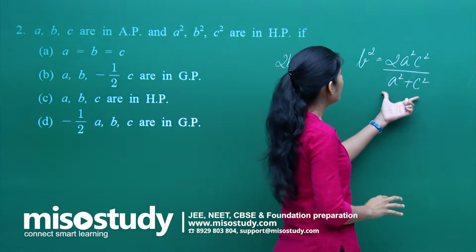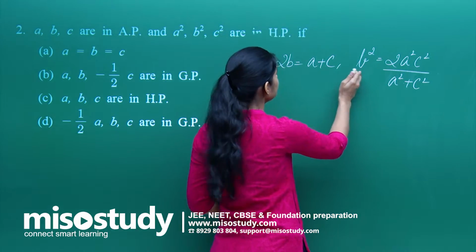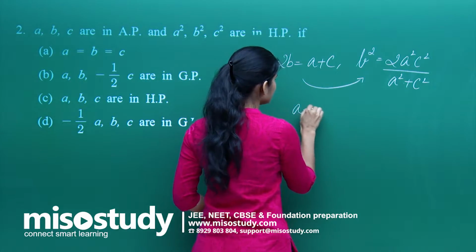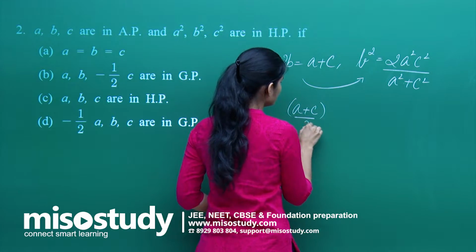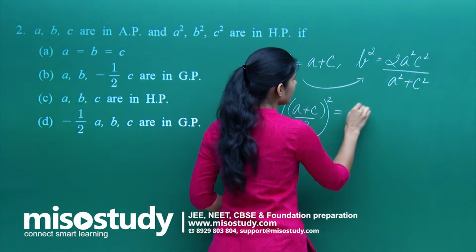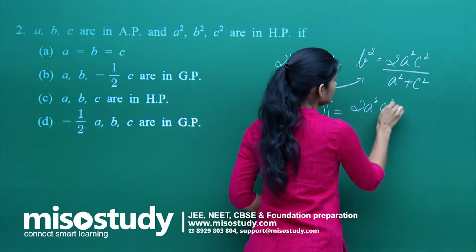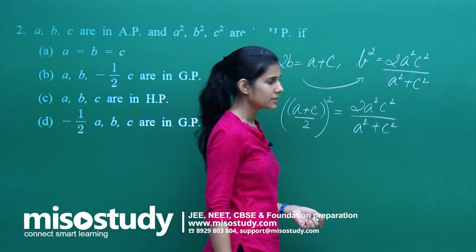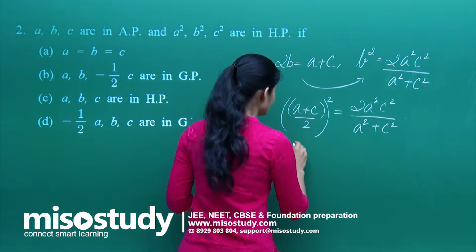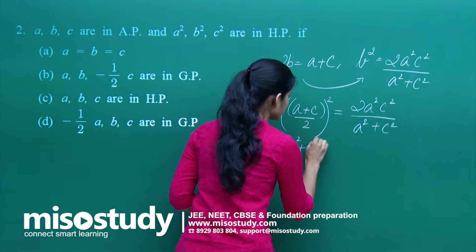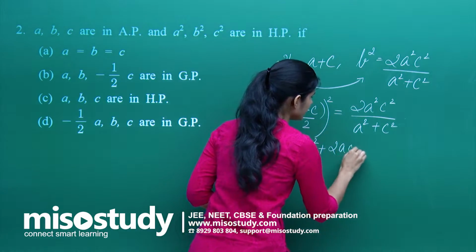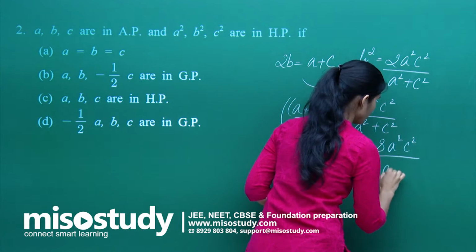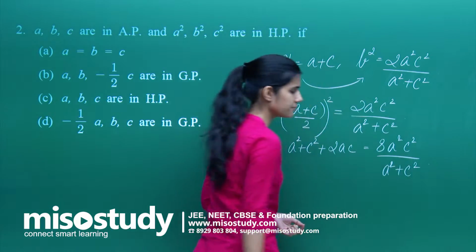So understand, over here if I just eliminate b, because b is a plus c by 2, I plug it in over here, I get a plus c by 2 whole square equals 2a square c square upon a square plus c square. So from here what you get is a square plus c square plus 2ac equals 8a square c square upon a square plus c square.